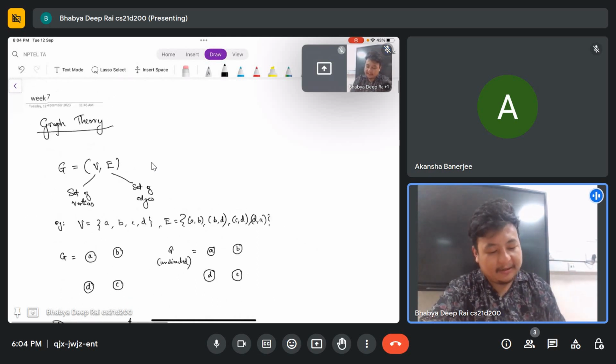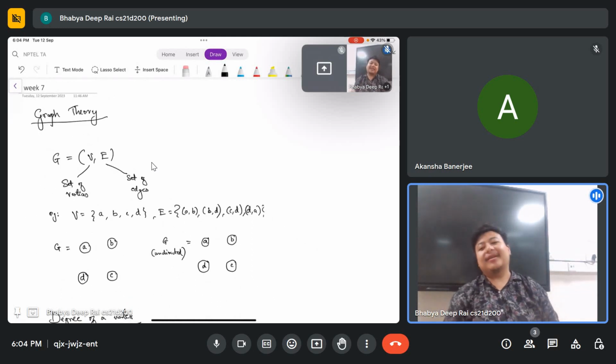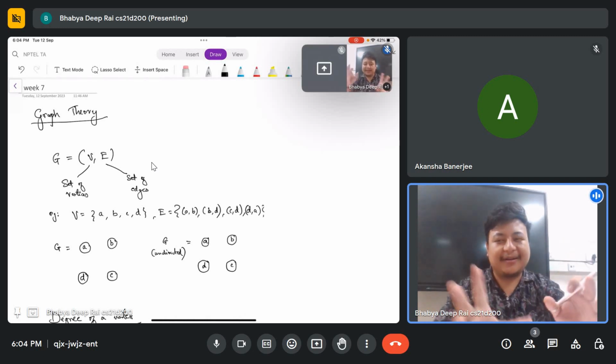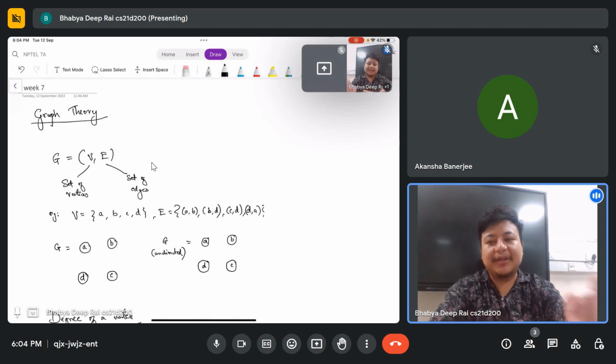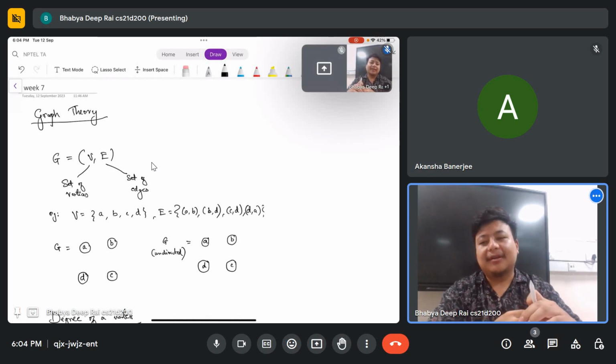Graph theory is a very rich area in mathematics and computer science. As you know, there are so many applications of graph theory, and in computer science, it is especially useful as a data structure. You think of graphs as relations between certain data objects. Graph theory is incredibly useful.